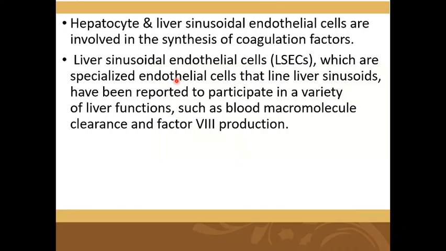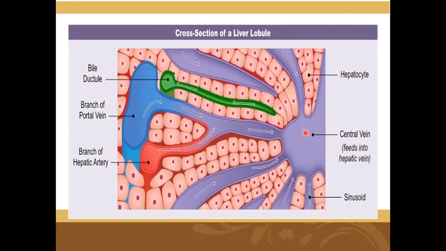What is the function of the liver sinusoidal endothelial cells? They perform two main functions: they clear the blood of the extra macromolecules present in it, and they produce coagulation factor 8. Here you can see the sinusoidal cells.